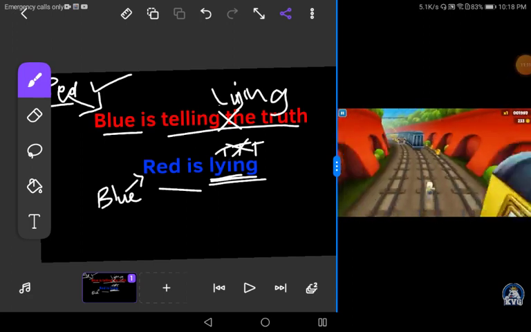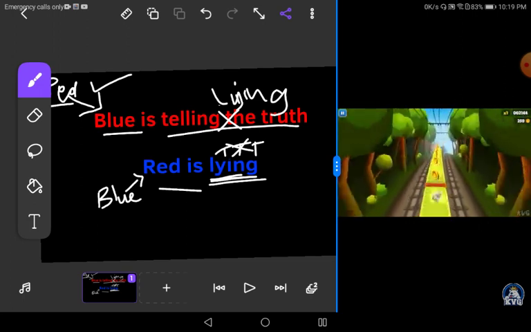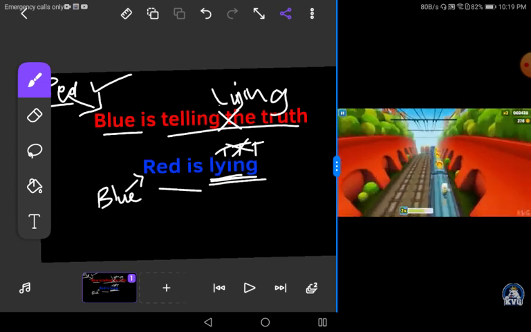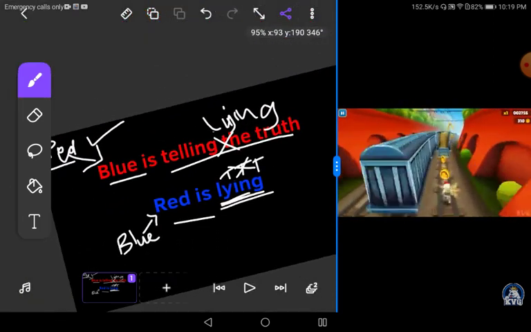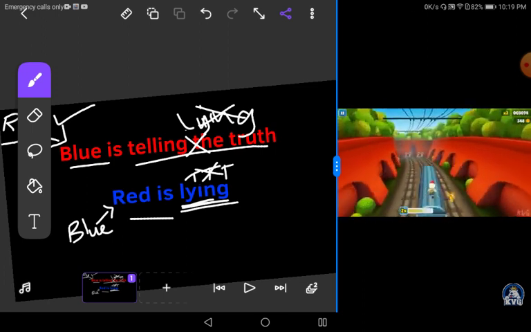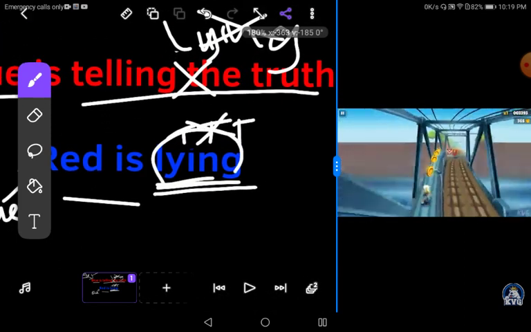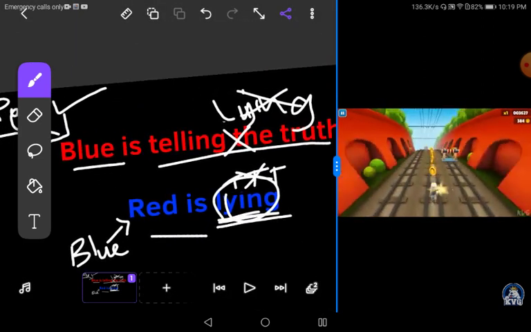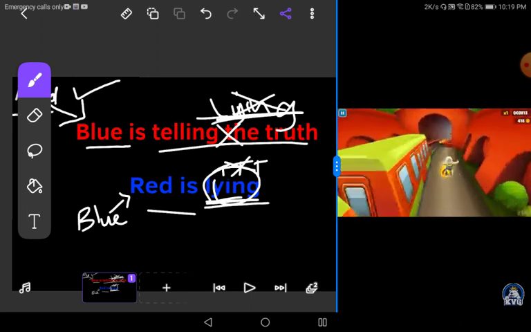pretty weird, actually. Pretty concerning. So if red is lying about blue lying, that means blue is not lying. Blue is telling the truth. And if blue is telling the truth, and red is actually lying, that means blue is actually lying about red lying, that only means one thing.